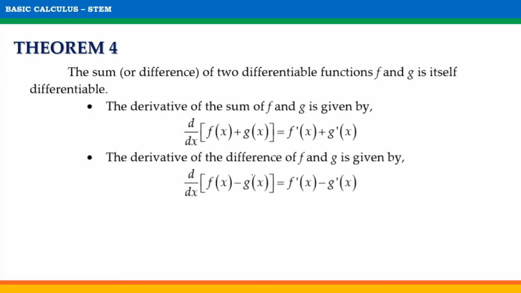And the derivative of the difference of f and g is given by d over dx of f of x minus g of x is equal to f prime of x minus g prime of x. The rules indicate that the derivatives of f plus g and f minus g are the sum and the difference of the derivatives of f and g respectively.